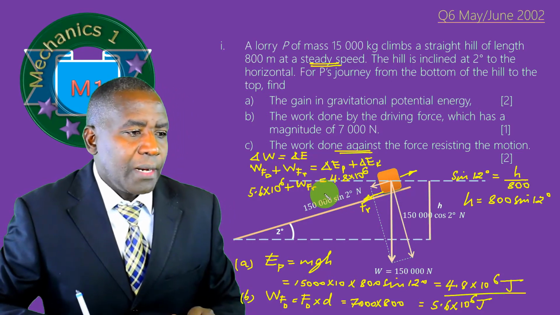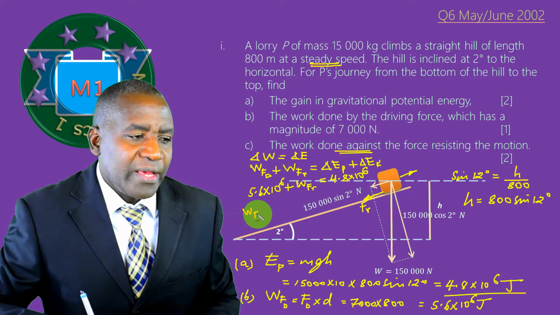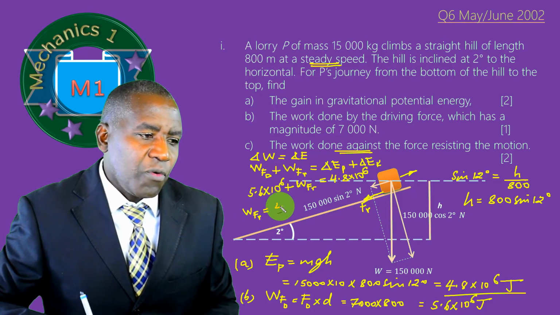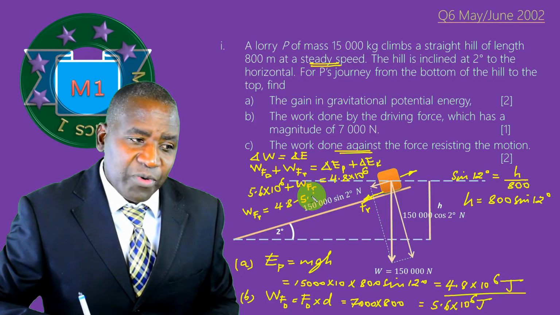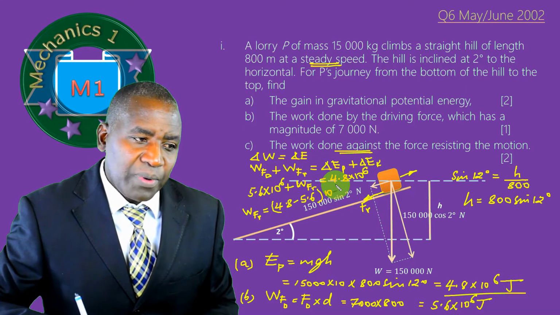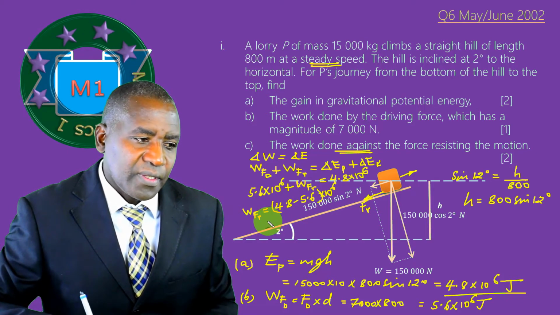And of course, over here, I'm going to rearrange this, and you'll find that the work done by the frictional force will be 4.8 minus 5.6, everything by 10 raised to power 6.